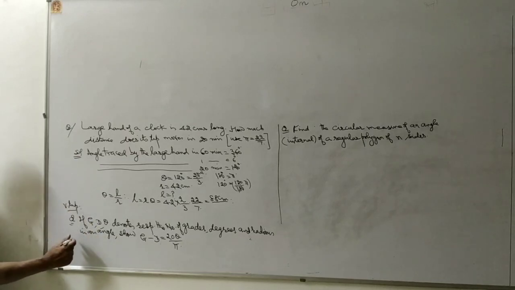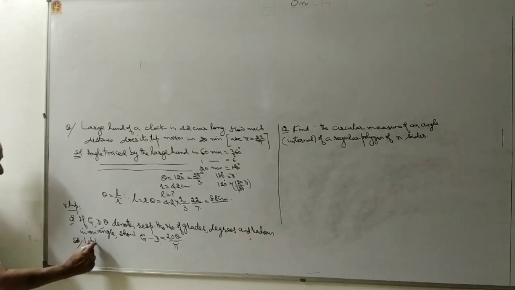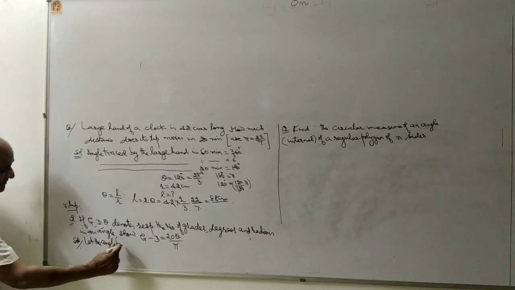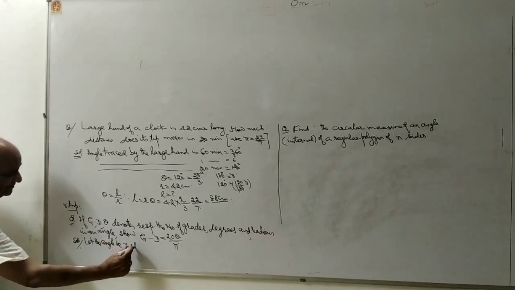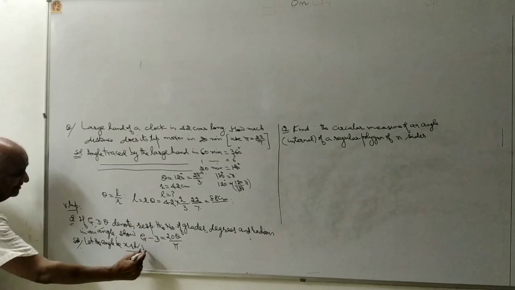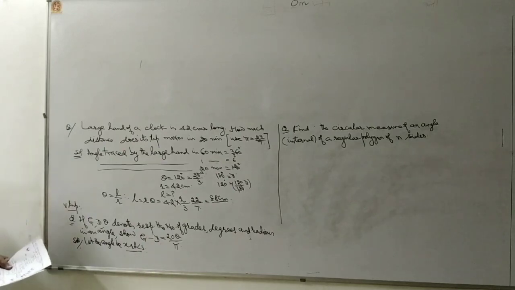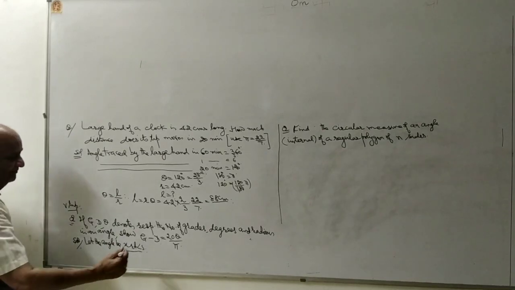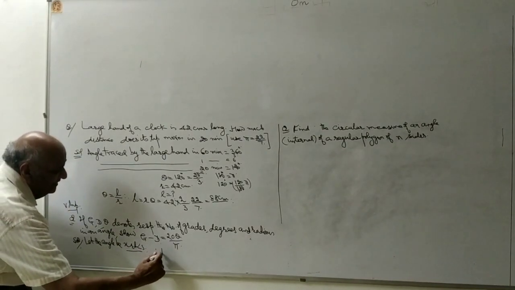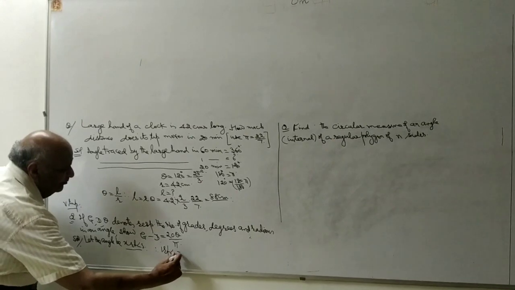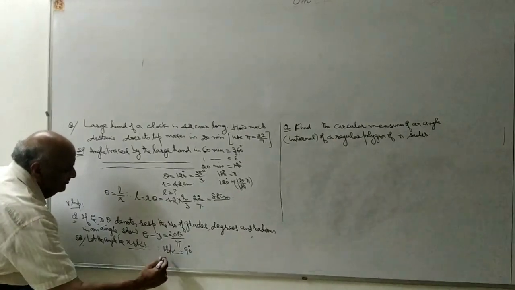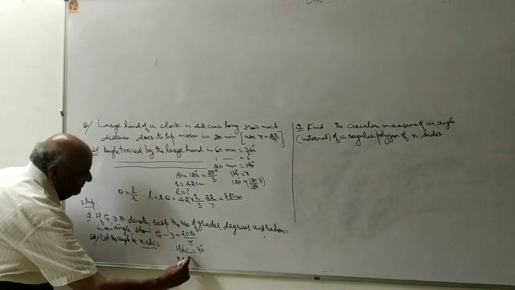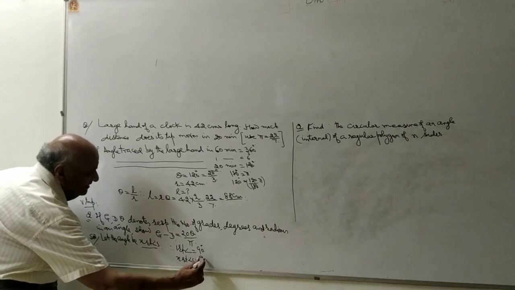See here, the solution for this case: let the angle be x right angles. Take the angle as x right angles. One right angle is equal to 90 degrees, so x right angles is equal to 90x.